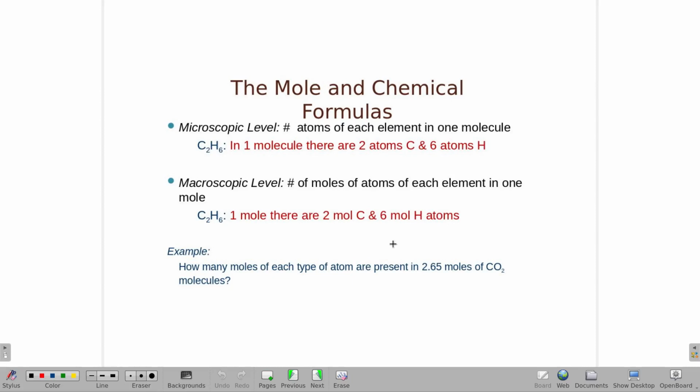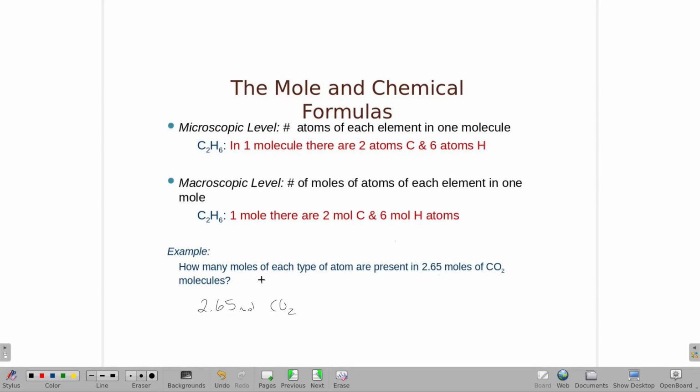Alright, so down here. How many moles of each type of atom are present in 2.65 moles of CO2 molecules? Alright, so let's actually write this out so we can see what's going on. So 2.65 moles of CO2, and if I wanted to find out individual atoms, I would be using Avogadro's number, but this says moles of atoms.